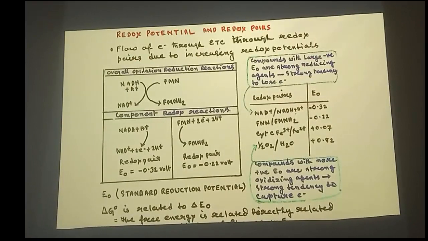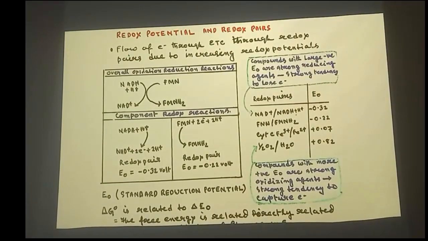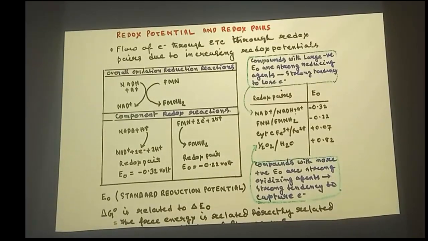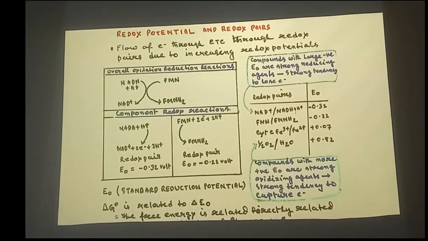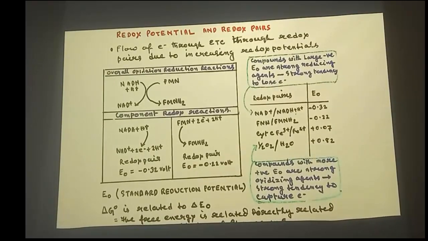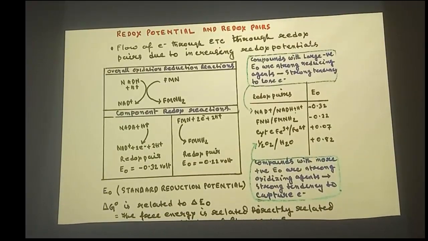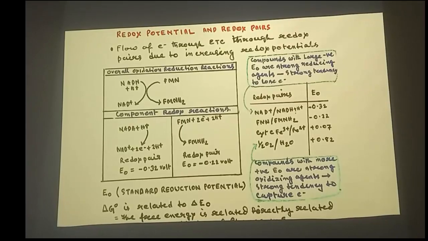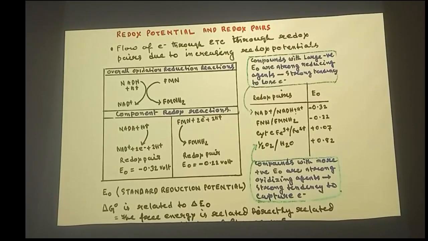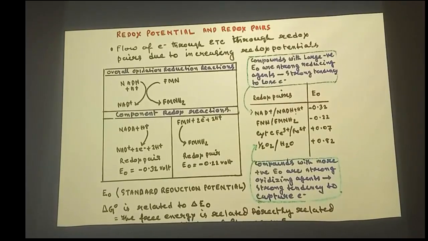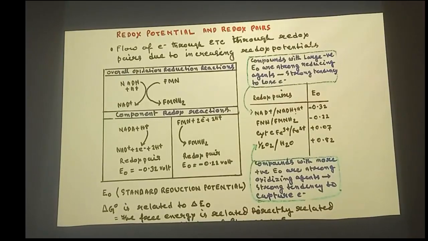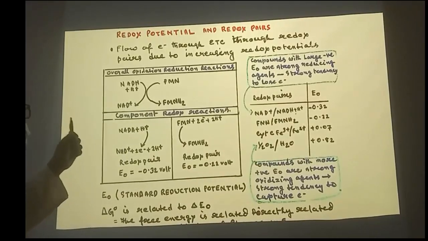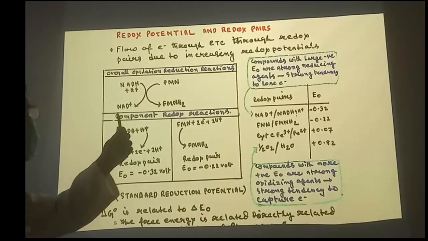So the basic way electron is transported, what is the driving force? The driving force is definitely like current flow, because of the potential difference. Here the redox potential plays the main important role in transporting electron from one end to another. Flow of electron through the ETC through redox pairs is due to increasing redox potentials.